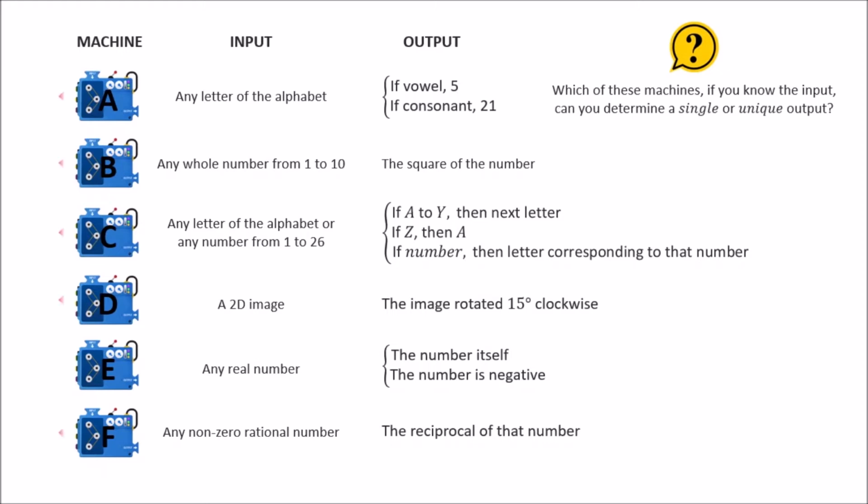For the answer, all of these machines produce a single or unique output except for machine E. Why? Because machine E may have an input, say -2, and produce an output of the number itself, or the number's negative, which are not one and the same, and therefore the output is not unique.